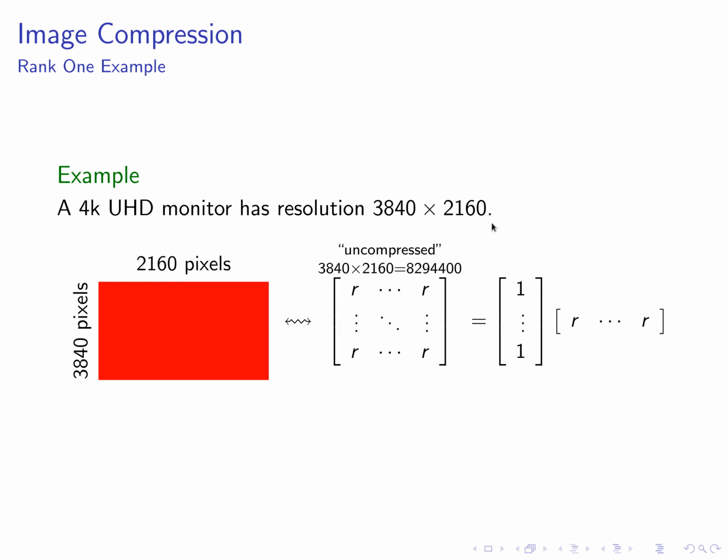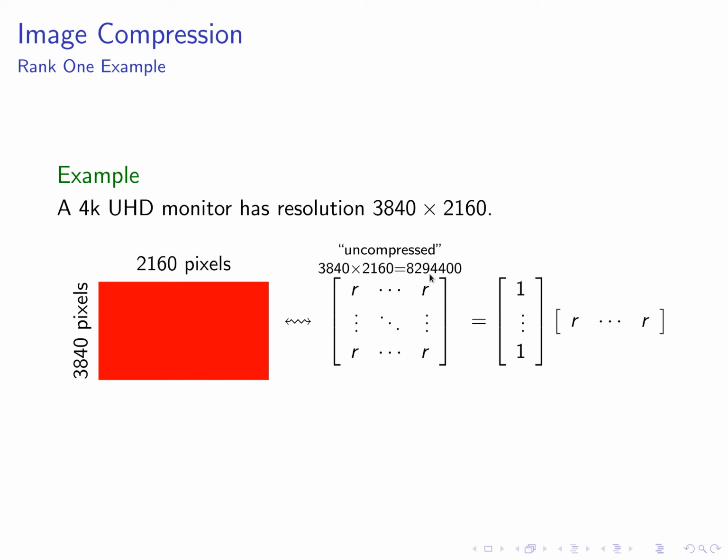And if we take a close look at the data required to communicate this information, if I wanted to count all of the pieces of information inside the original matrix representing the image, I would multiply 3840 by 2160, and I would get a number that's roughly 8.2 or 8.3 million.